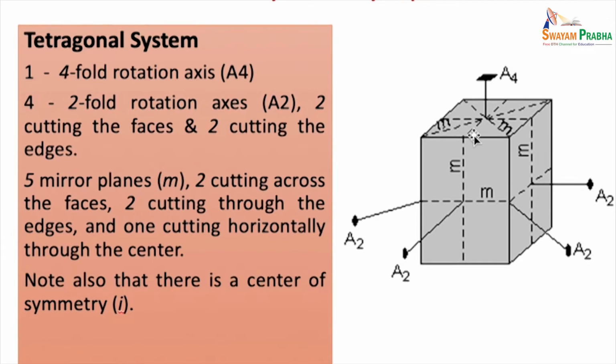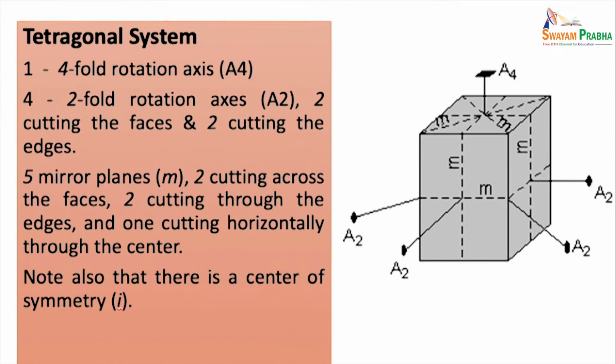How many mirror planes are there? 5 mirror planes: 2 cutting across the faces, 2 cutting through the edges, and 1 cutting horizontally through the center. There is also a center of inversion. In this way, we can find out the symmetry elements and the symmetry operations which are present in any crystal.